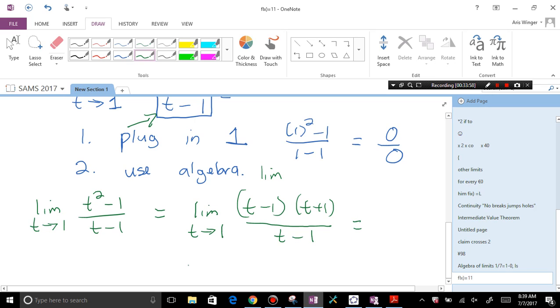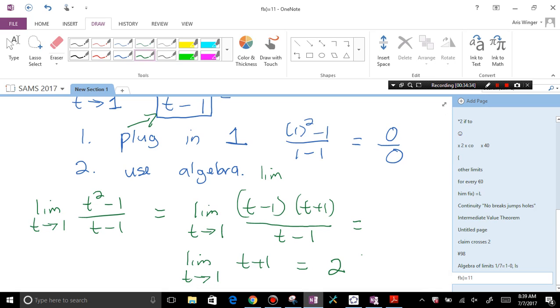Then this is equal to the limit as t tends to 1 of t plus 1. These cancel. Now I can't cancel 0. How do I know that t is not 1? Because t is getting close to 1, but not equal to 1. As long as t is not 1, I'm free to cancel that. This now is 2 because t plus 1 is a polynomial, and I can just plug in the 1.